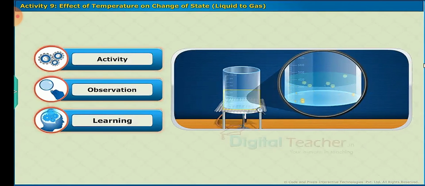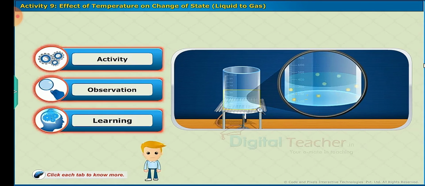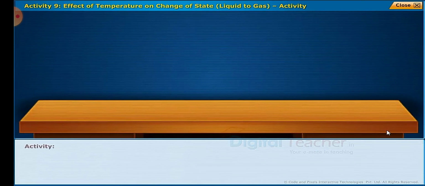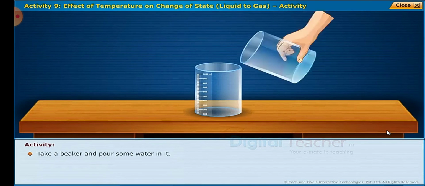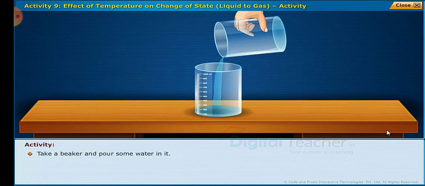Here, let us perform an activity to know the effect of temperature on change of state. Click each tab to know more. Take a beaker and pour some water in it.